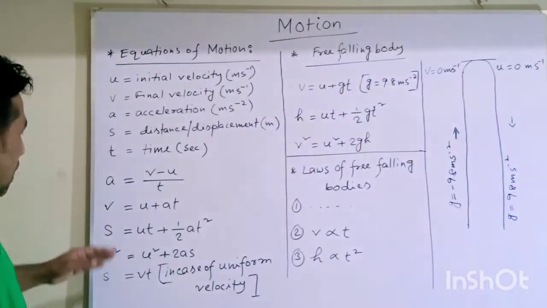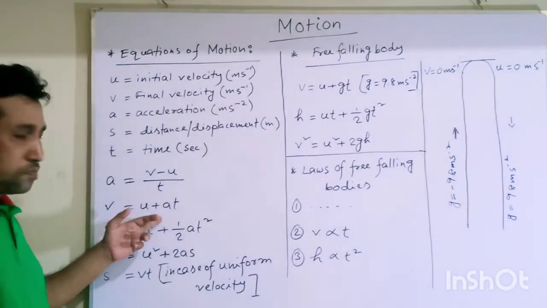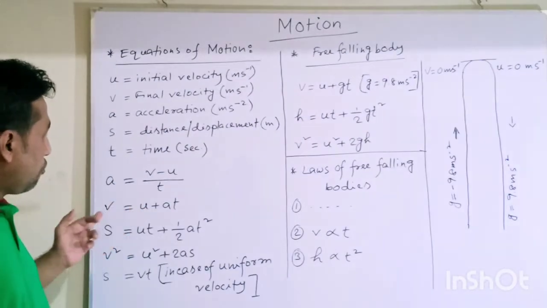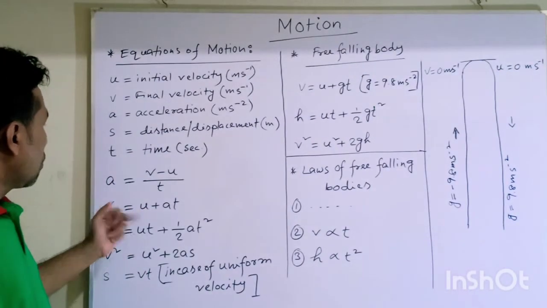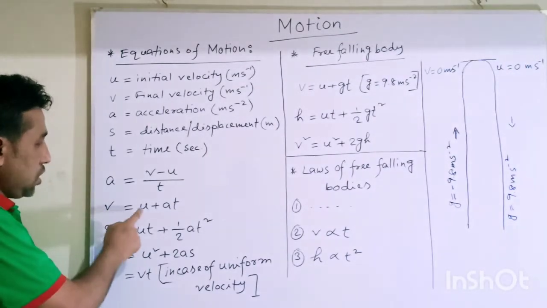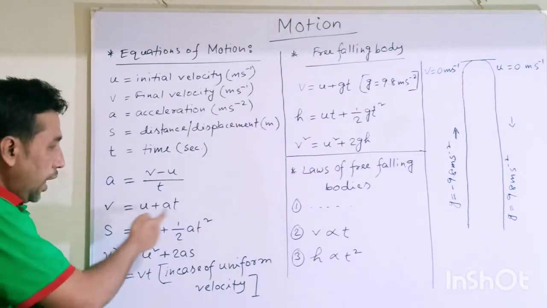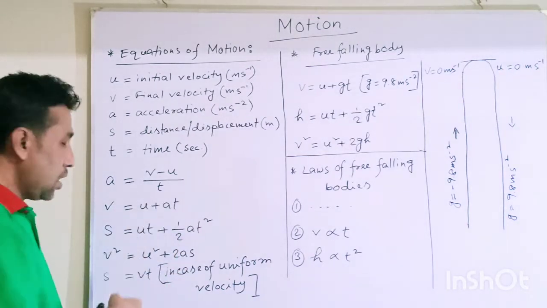Then come to the first equation of motion, V equals U plus AT. Here four quantities are related to each other: final velocity, initial velocity, acceleration and time. If you know any three of them, easily you can find the remaining one.